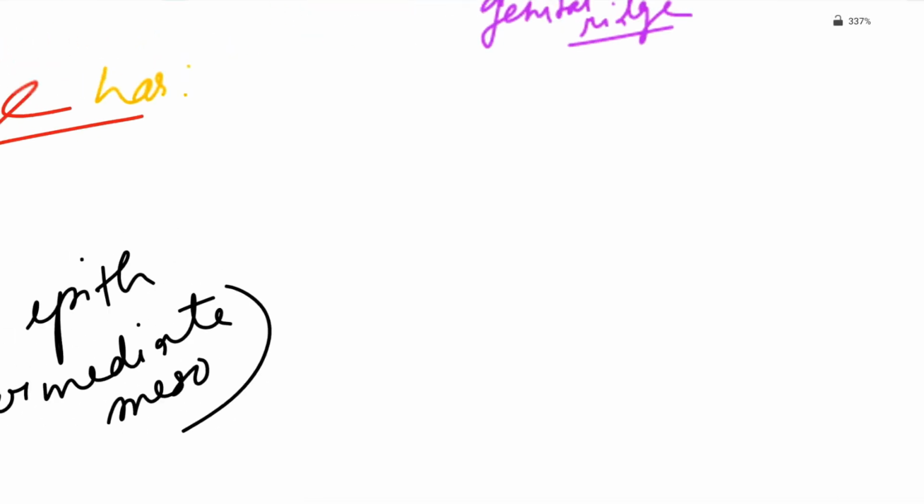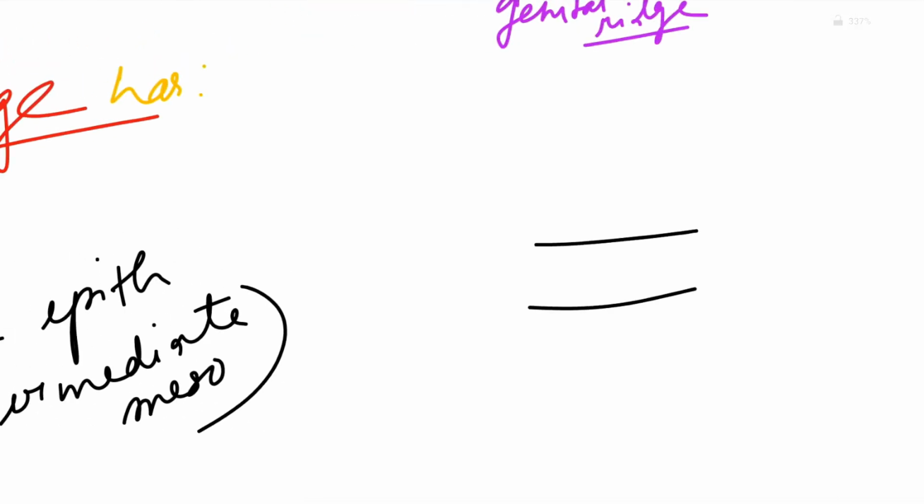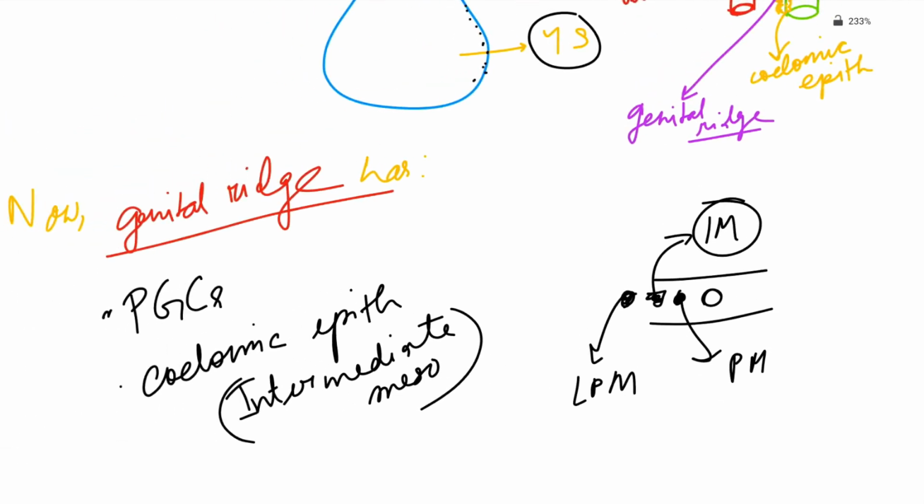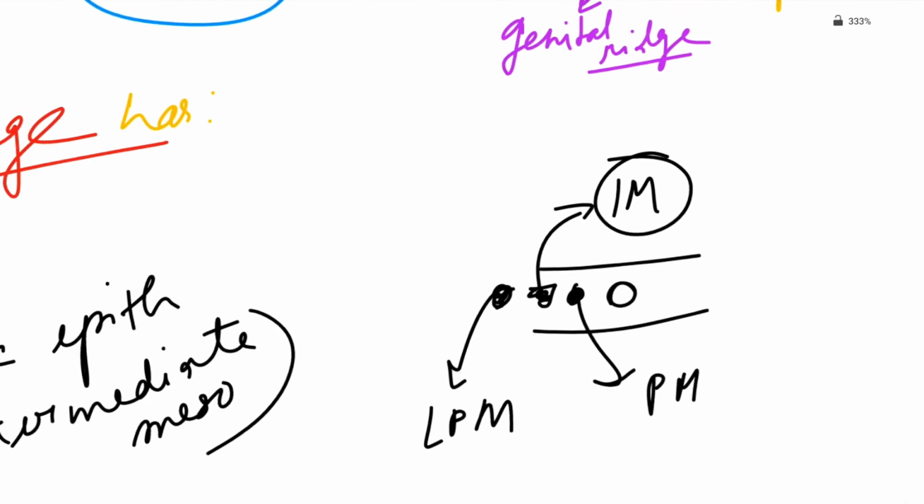Just a quick recapitulation. Suppose this is the notochord, this is the paraxial mesoderm, this is the intermediate mesoderm, and this is the lateral plate mesoderm. The intermediate mesoderm is present in the form of a tube, and it is going to thicken to form the nephrogenic cord.